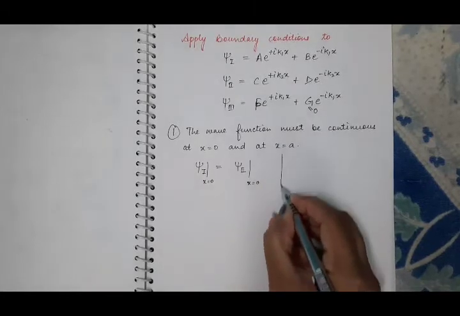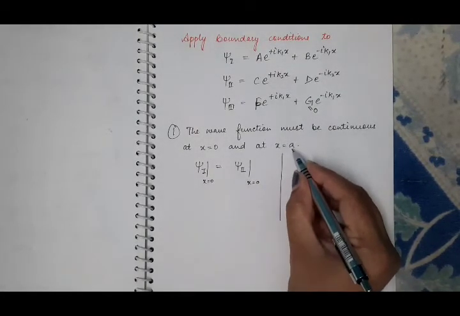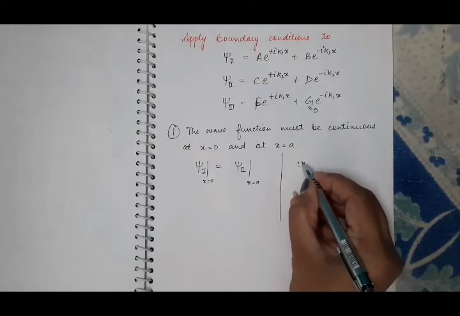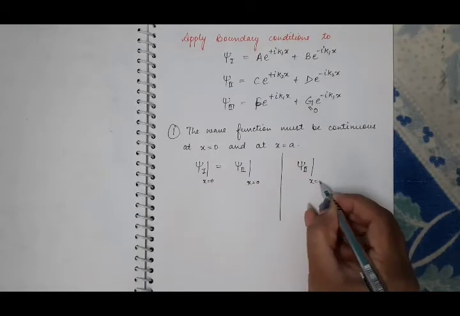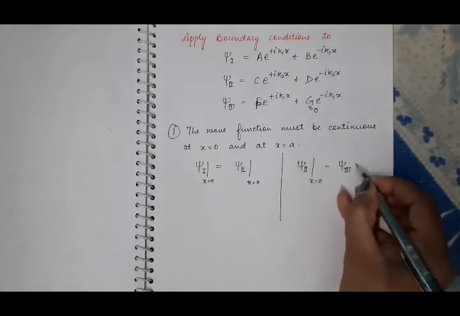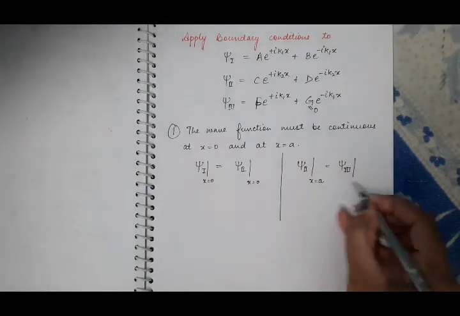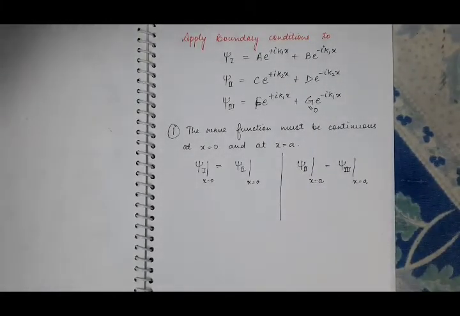And the second boundary condition is at x is equal to a, the two wave functions are psi2 and psi3. So at x is equal to a, psi2 must be equal to psi3. Now put the values.